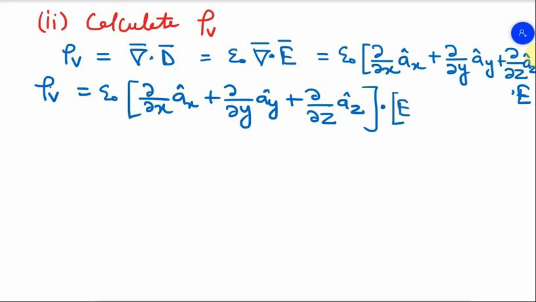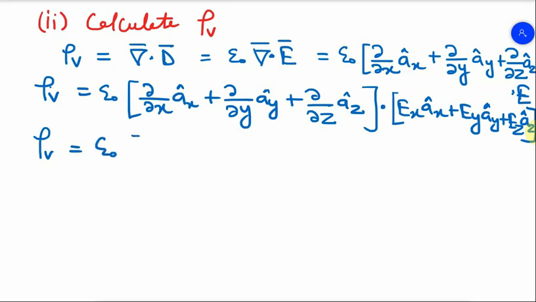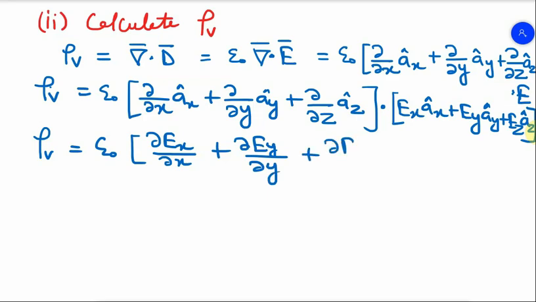E is Ex ax plus Ey ay plus Ez az. Now ax dot ax is 1, ay dot ay is 1 and az dot az is 1. So rho v becomes epsilon 0 times del Ex upon del x plus del Ey upon del y plus del Ez upon del z. This is your rho v.